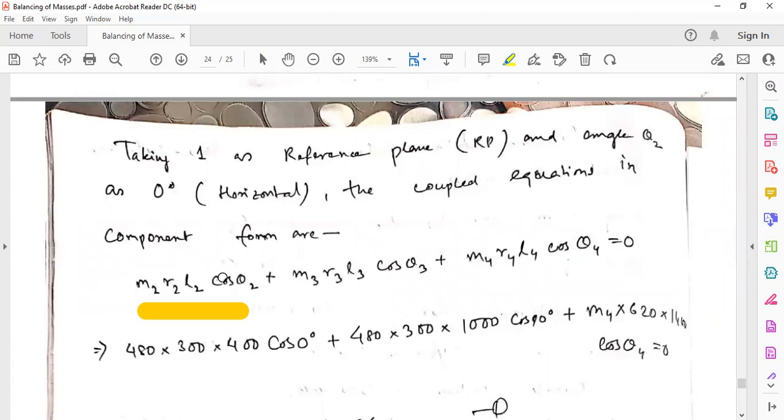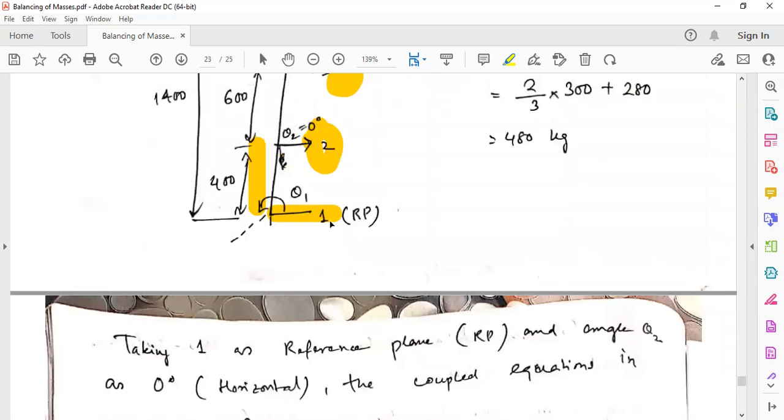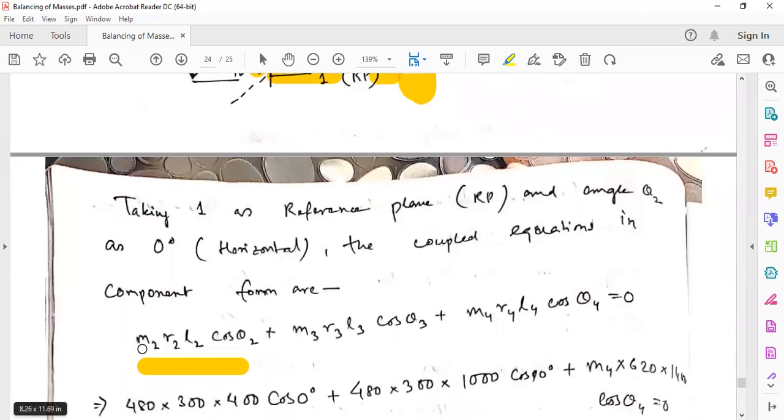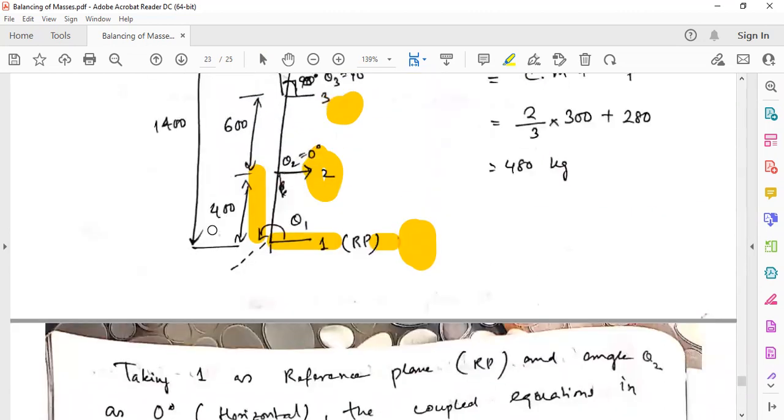For m1, r1 is there, but l1 is equal to 0 because it is in the reference plane itself. There is no axial gap, so we don't write it. If you want to write it, that's okay, but the length is 0. In this case, L2 is 400.